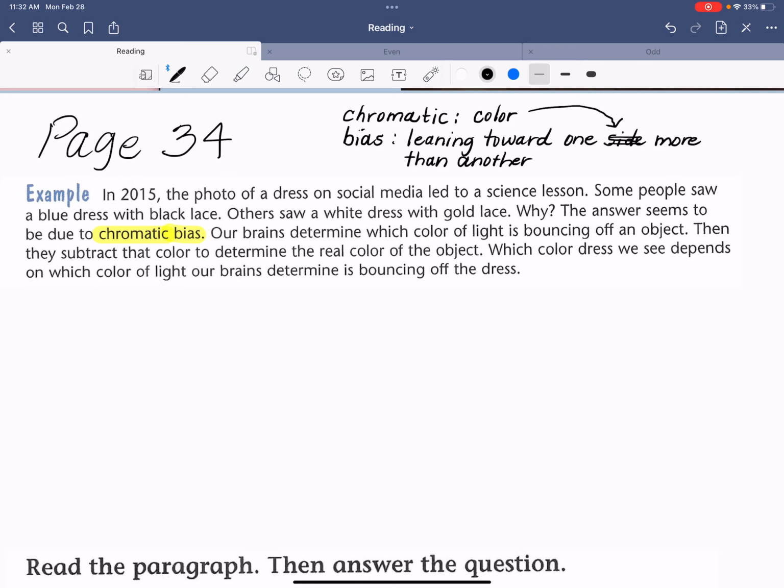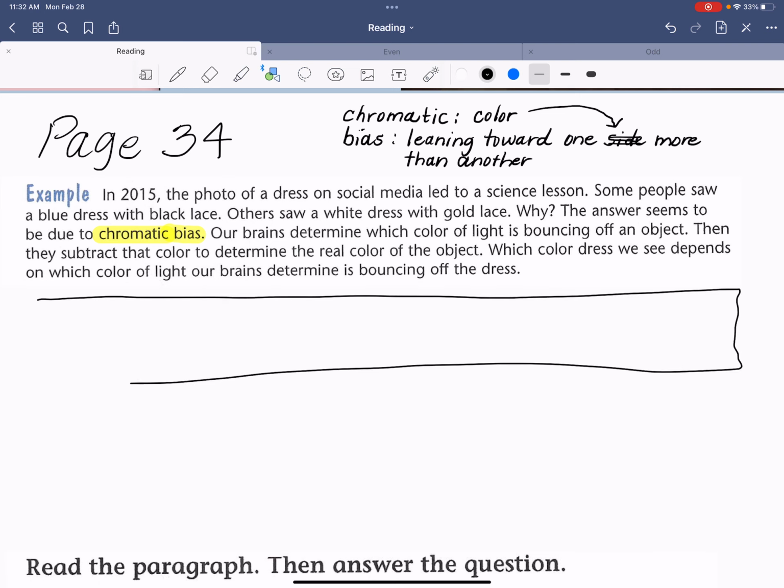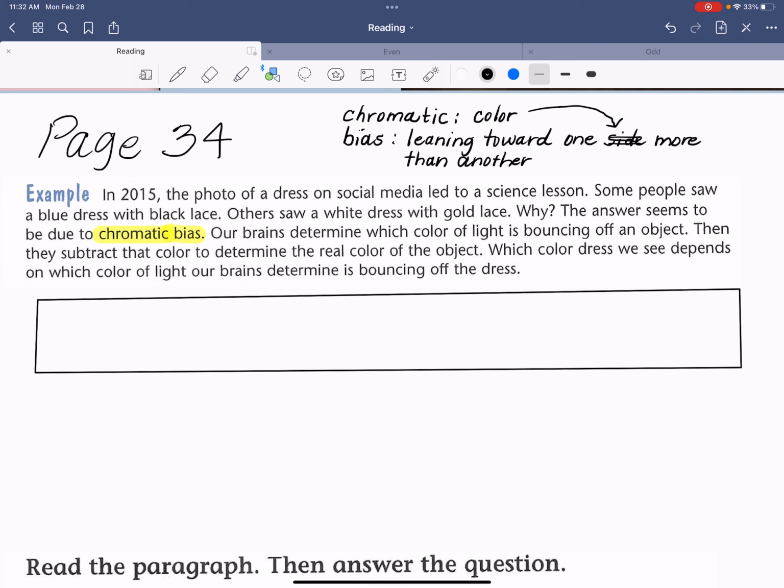So let's break down this passage. I'm going to make a space here. I think I'll just use a basic main idea map. And I think I will go ahead and split it so we have room for our topic and our main idea. And definitely our topic will include that phrase, chromatic bias.